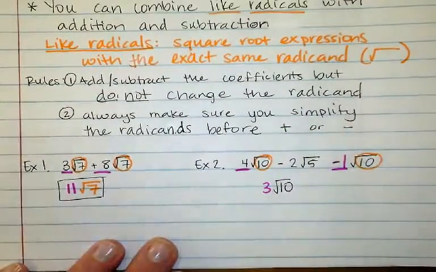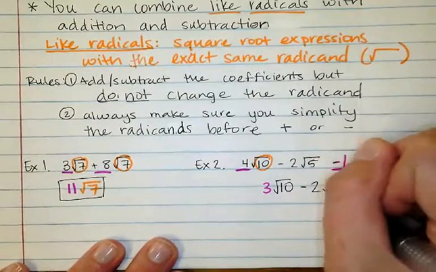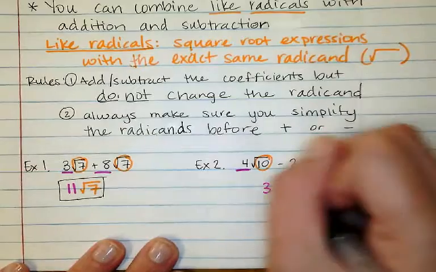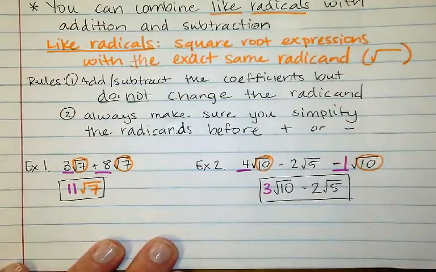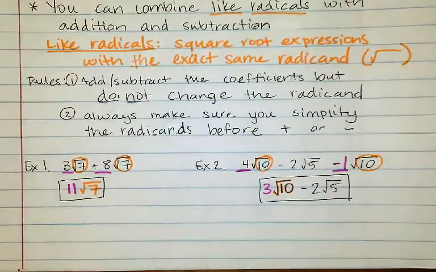And then do we do anything to this guy over here? Minus 2 radical 5? No, we're done. Do you guys feel good about that? So if they are like terms, you can put them together. If they are not, then you don't put them together. It is that simple. Alright guys, do y'all feel good about that so far?